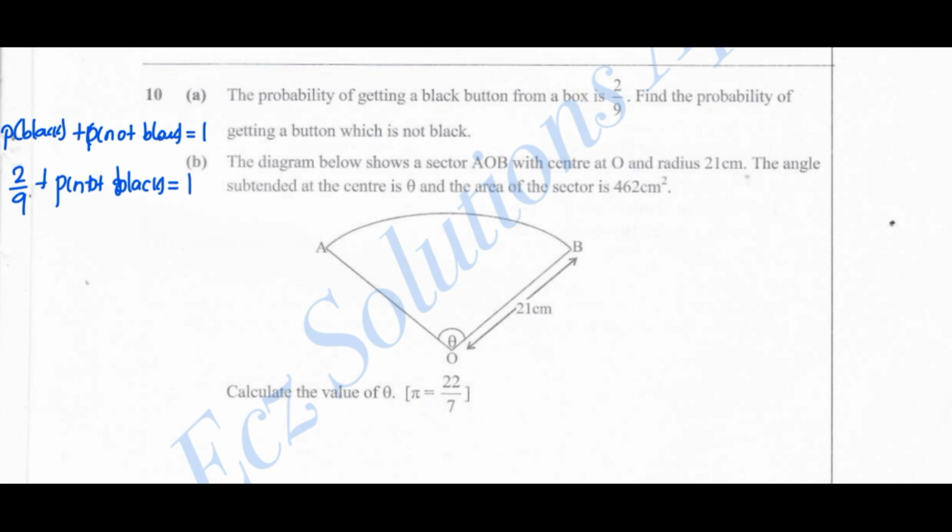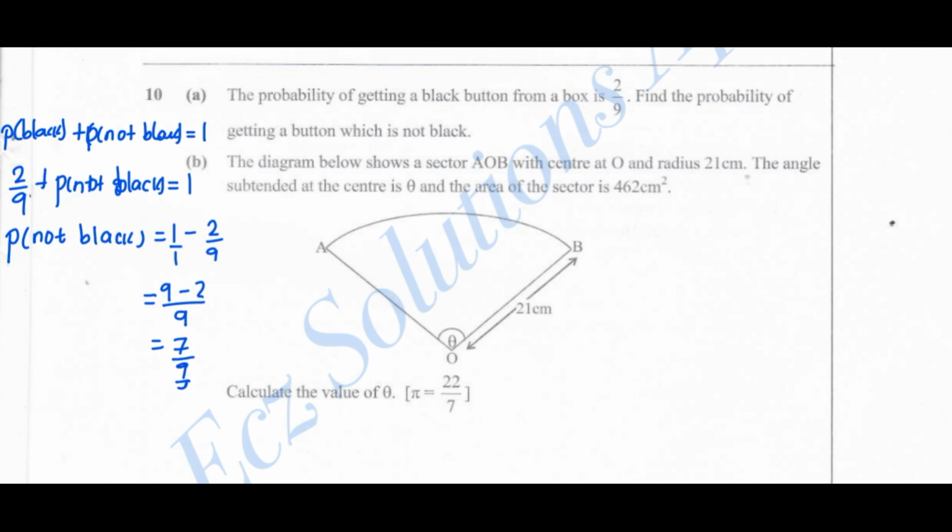Then we can shift 2/9 to the other side. So the probability of not getting black will be 1 minus 2/9. So over 1, we cross multiply. Here we have 9. 1 times 9 is 9, minus 1 times 2 gives us 2. So 9 minus 2 gives us 7/9. So this is our final answer.